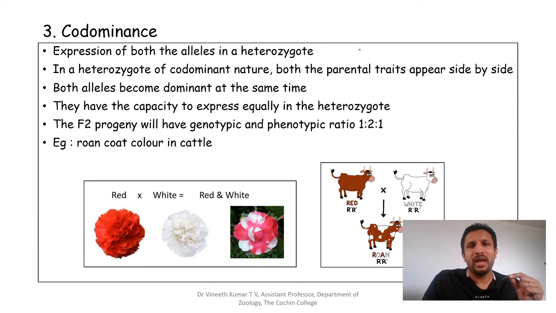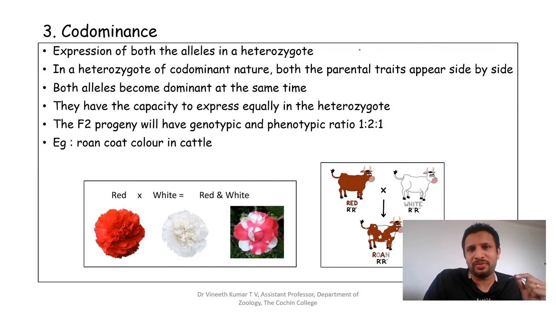When a heterozygote is formed, there is a codominant character. That means the expression of both the alleles can be seen in a heterozygote, and that is what is called codominance. You can see both the phenotypes in the same individual in the heterozygote. They are equally expressed.